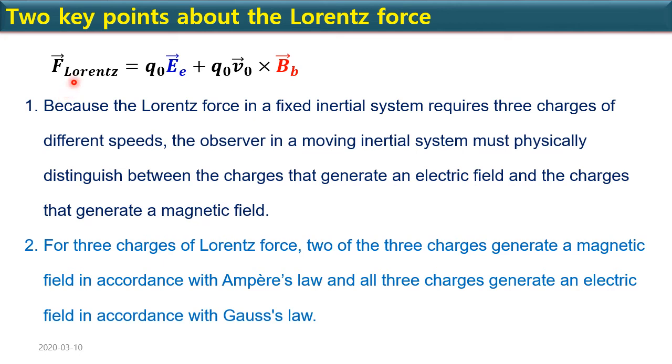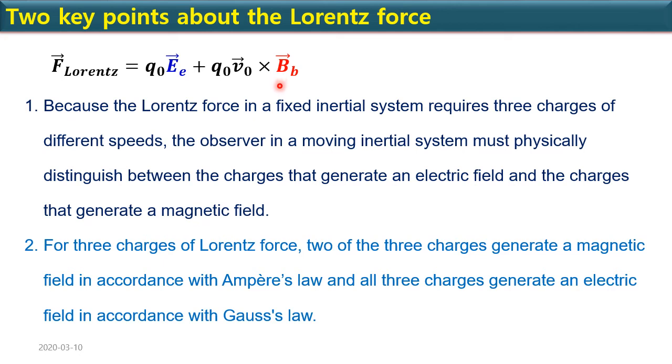Thus, we can conclude with two key points about the Lorentz force. First, because the Lorentz force in a fixed inertial system requires three charges of different speeds, the observer in a moving inertial system must physically distinguish between the charges that generate an electric field and the charges that generate a magnetic field.